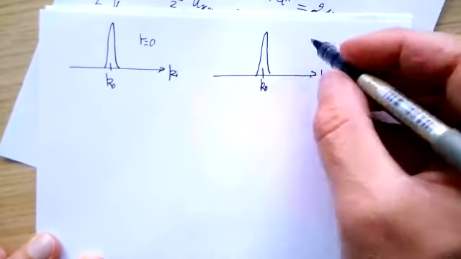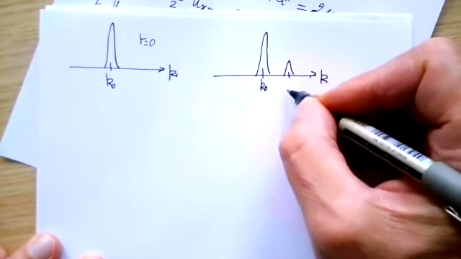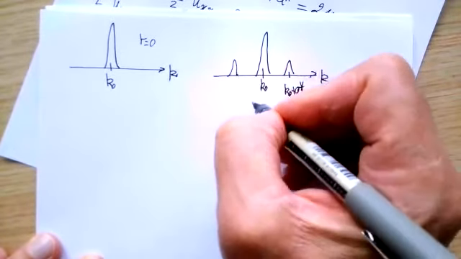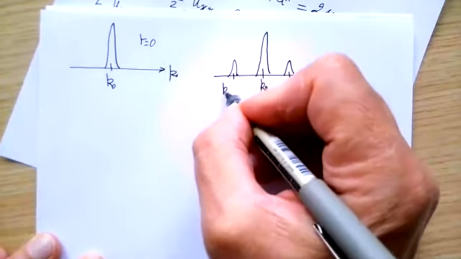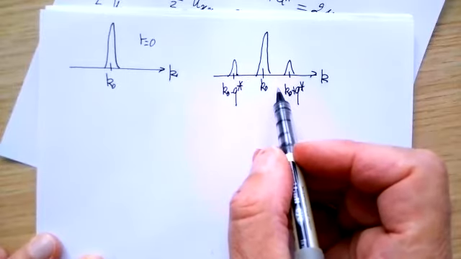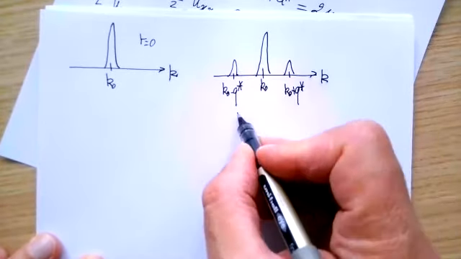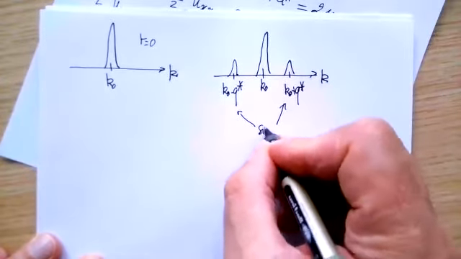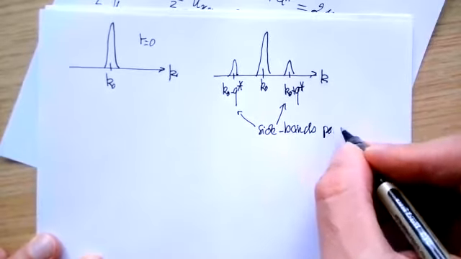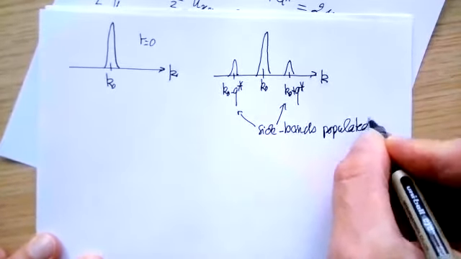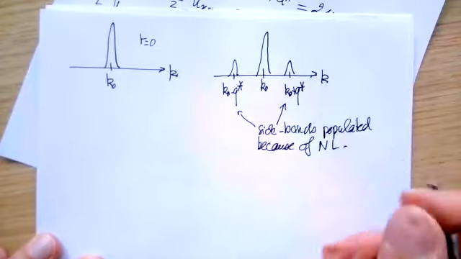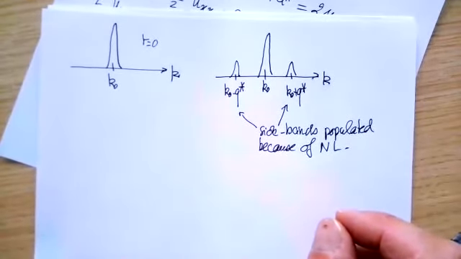But now, two new peaks will tend to develop at k naught plus q star, and of course q star was defined by its square, remember? And also at k naught minus q star. These are called sidebands, and they are populated because of nonlinearity.